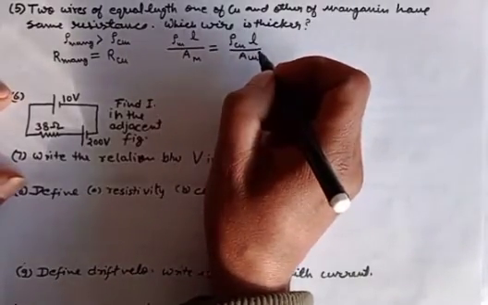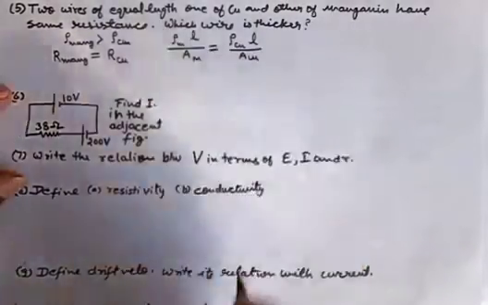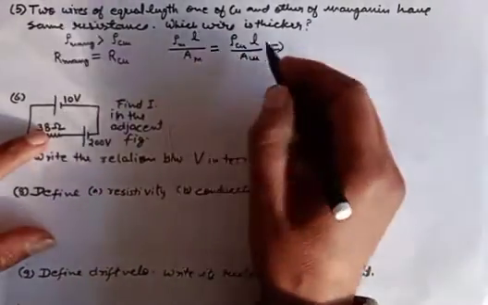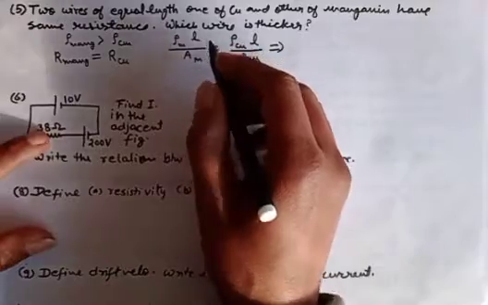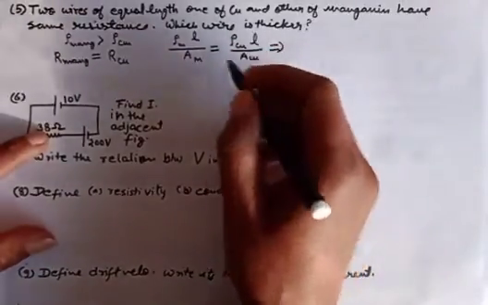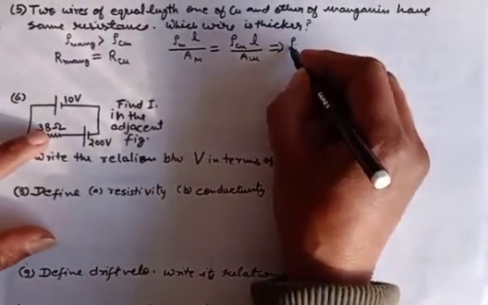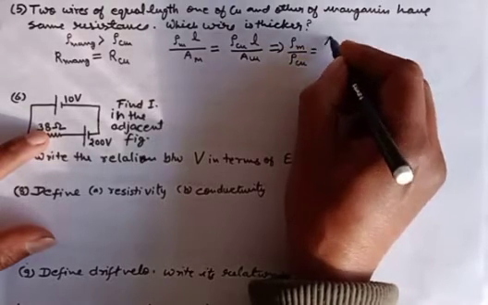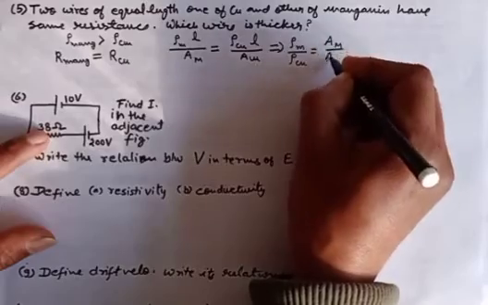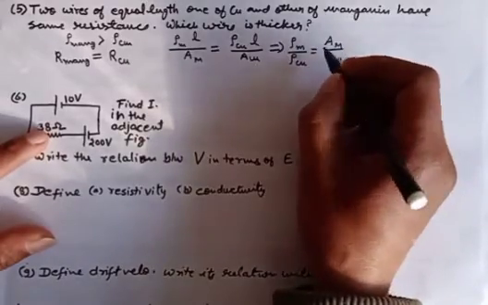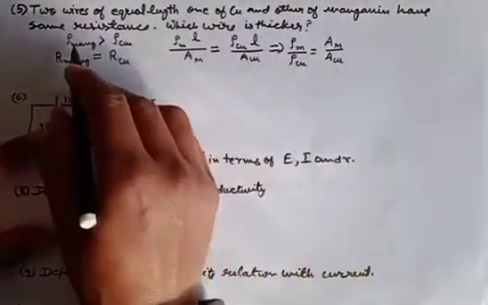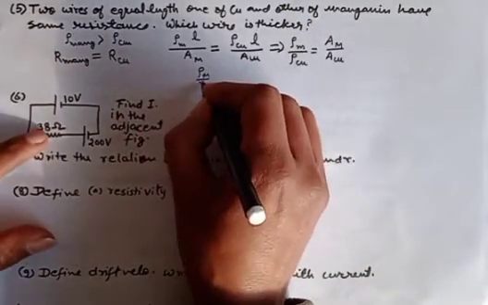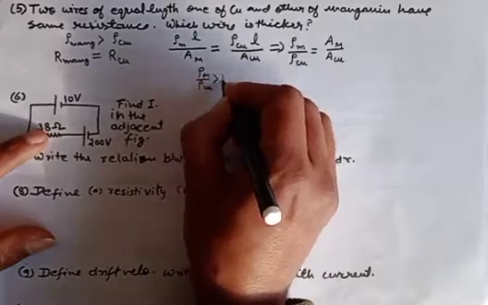And now see what is going on here. If I cross multiply, L will get cancelled. I don't cut here, just in mind we can cut, otherwise it looks messy. So it will be rho for manganese upon rho for copper, equal to area of cross section for manganese upon area of cross section for copper. And we know that since resistivity of manganese is greater than resistivity of copper, rho M upon rho of copper is greater than 1.